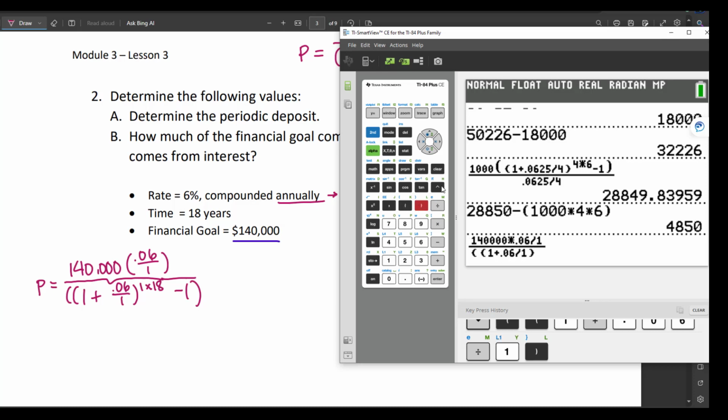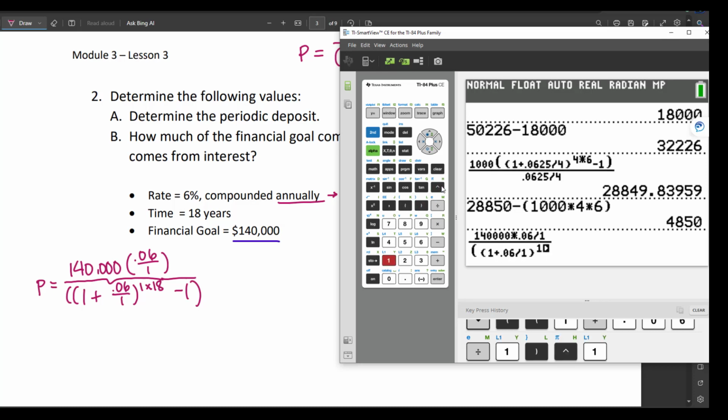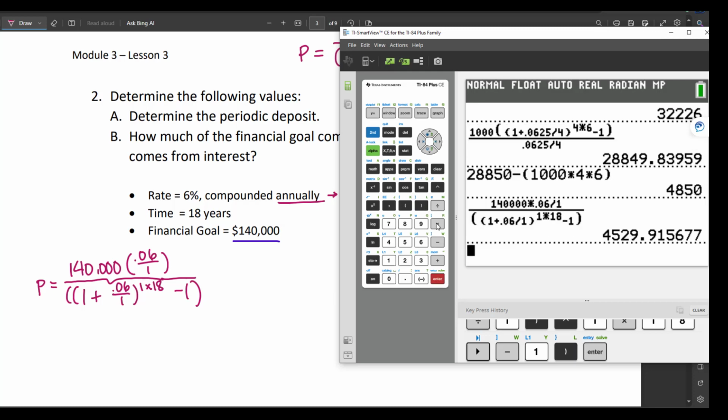Close one of our parentheses with the exponent of 1 times 18. And then that minus 1. And then we'll close. And we have a periodic deposit of $4,529.92.